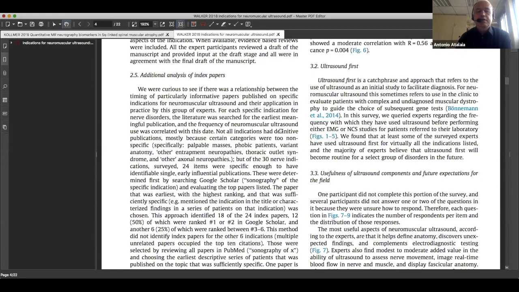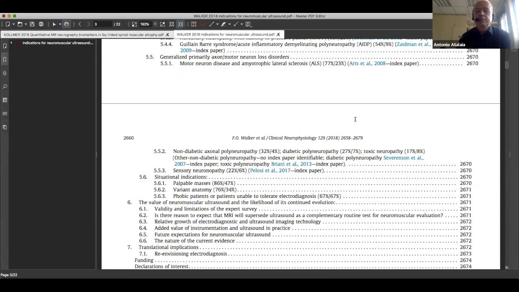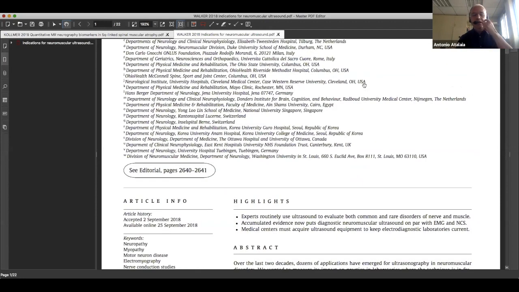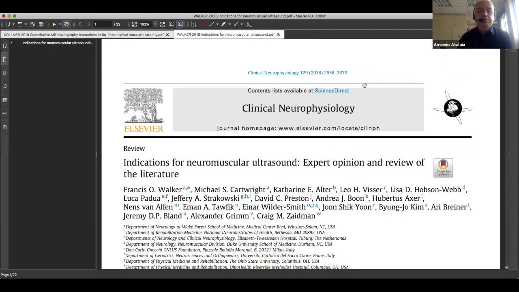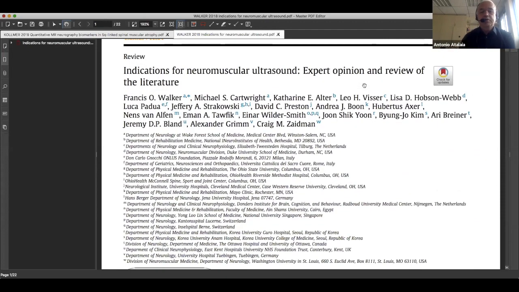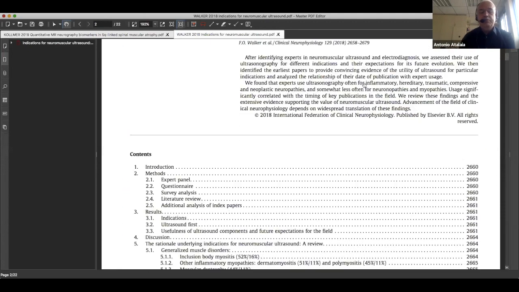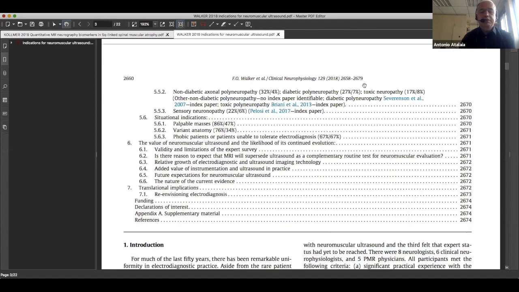So this is a recent paper on the expert opinion and review of the literature about indications for neuromuscular ultrasounds, which is something that people are probably more acquainted with.